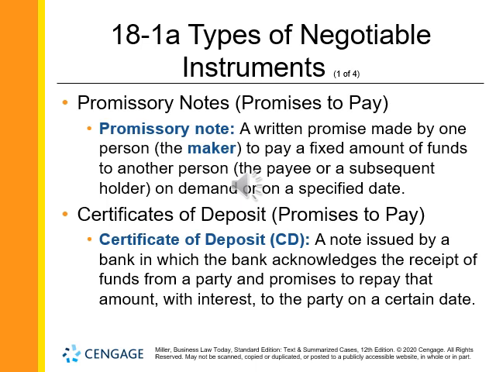Certificates of deposit, which are promises to pay, a note by which a bank or similar financial institution acknowledges receiving money from a party and promises to repay the money, plus interest, to the party or the party's designee on a certain date.